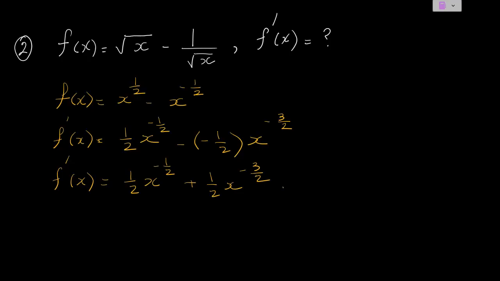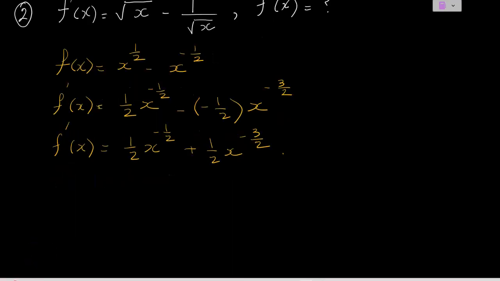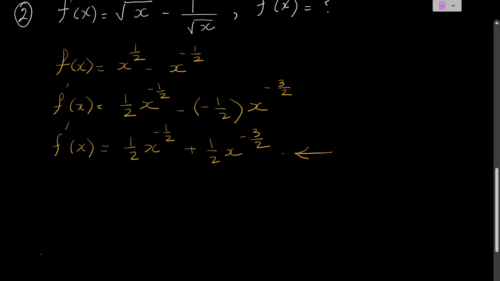Very good. Now you can leave this alone and say you're done. But sometimes you need to change the negative exponents to positive exponents, especially if your professor or your instructor is asking you to do that, to make sure that you know what to do. So let's rewrite this, changing it back to the radical form.